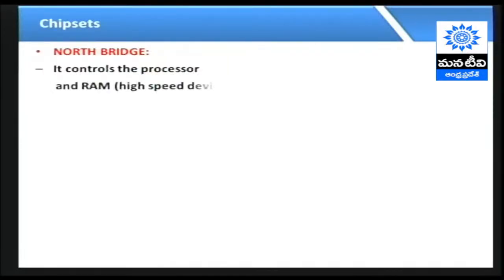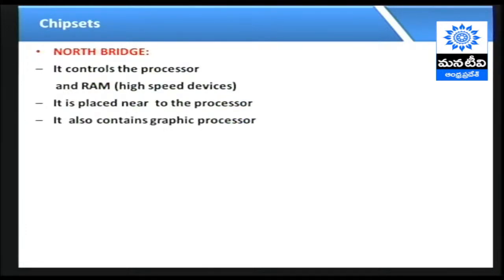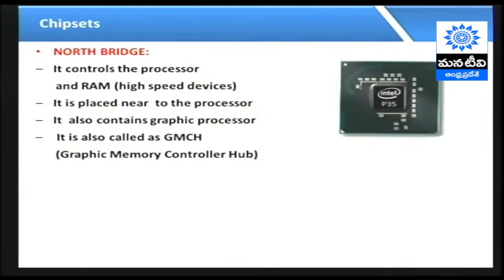On the screen you can identify North Bridge. It controls the processor and RAM, high speed devices. It is placed near the processor. It also contains the graphic processor. For that reason it is called the graphic memory control hub, GMCH. One more chipset on the motherboard is South Bridge.